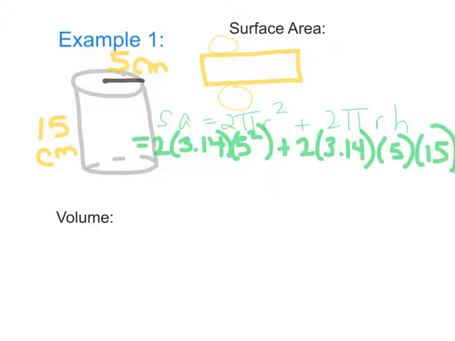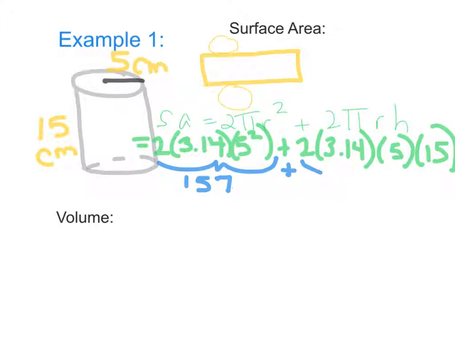So what I like to do on these types of problems is I like to solve for the individual areas in chunks. So I'm going to take this part and simplify that. That means I'm going to multiply 2 times 3.14 times 5 squared, which is 25. And when I do that, I'm going to get 157.